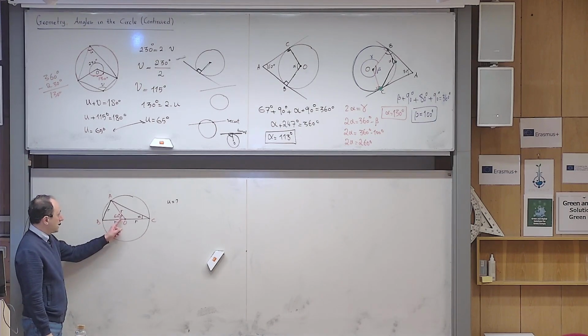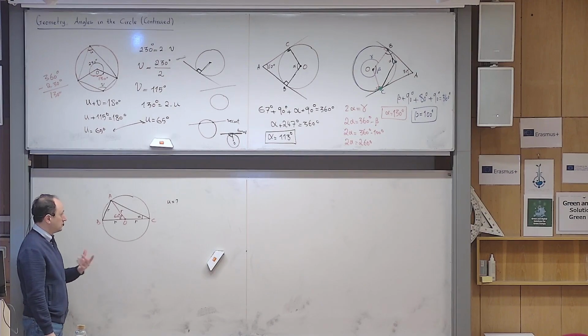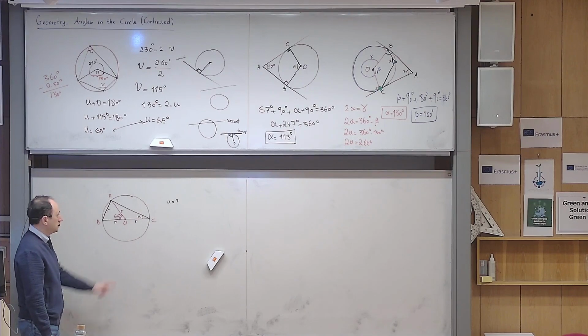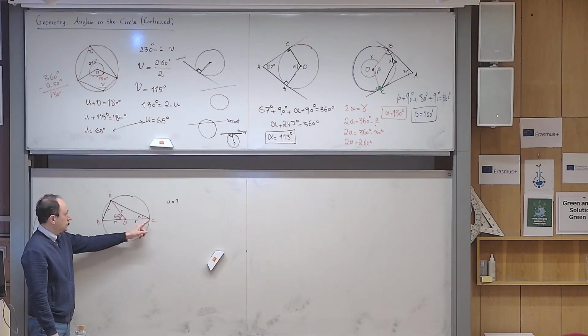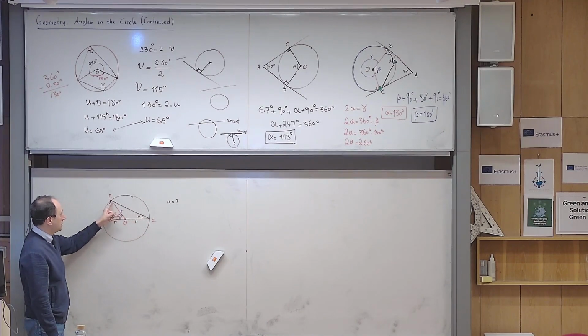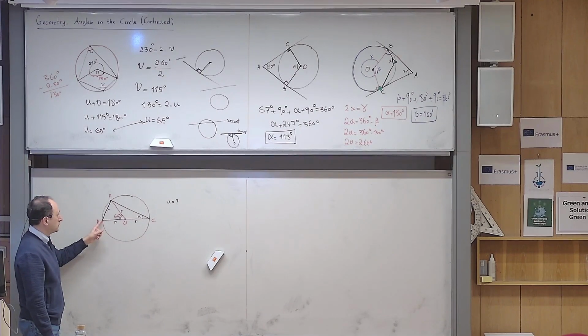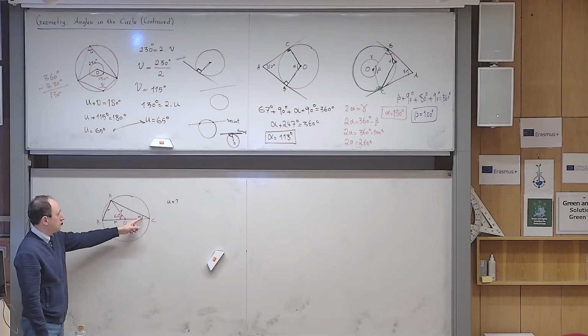Because this angle of 60 degrees, what is the type of this angle? Central. Why? Because the vertex is the center and the arms are radii. What type of angle is this angle? It's an inscribed one, because this vertex is on the circle and this line is a chord. This line is a diameter, but a diameter is also a chord. So that's an inscribed angle.